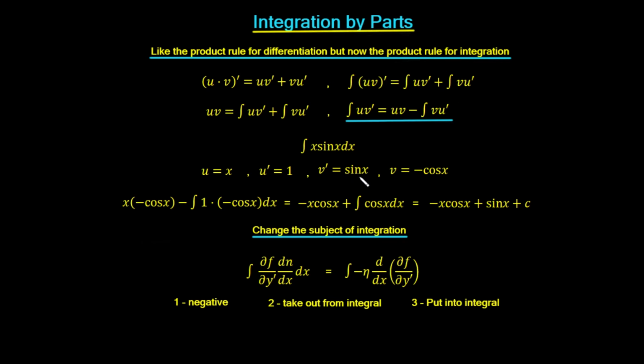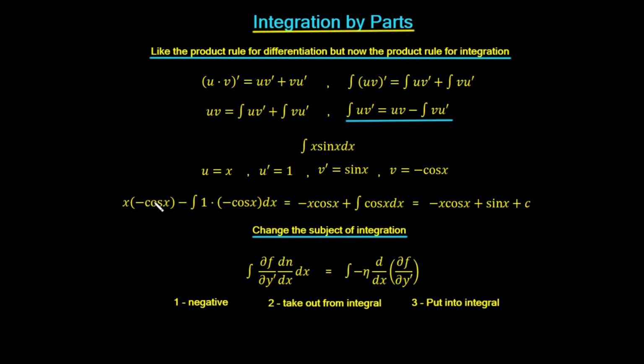And from the v derivative, which is equal to sine x, whenever we integrate this, we'll get back to v, and this will give us our minus cos x. So then we can put these values into our equation above. We're going to have our u times v. Our u is our value of x, and our v is minus cos x.